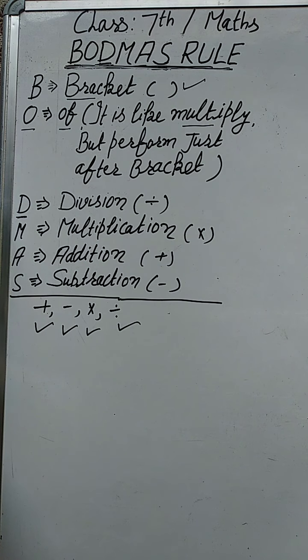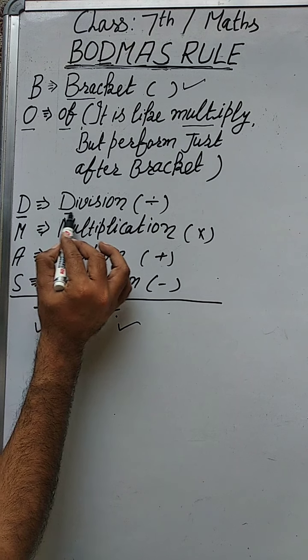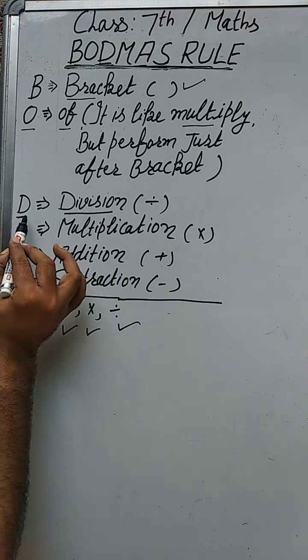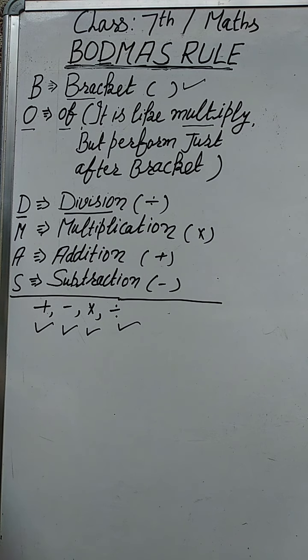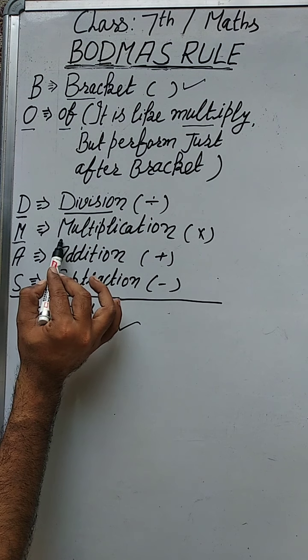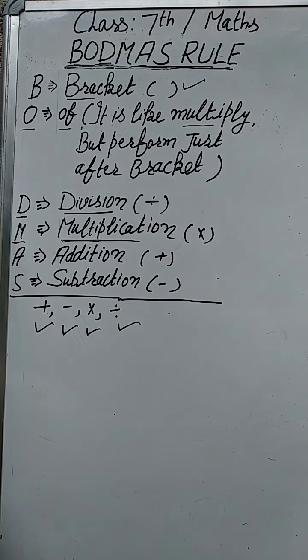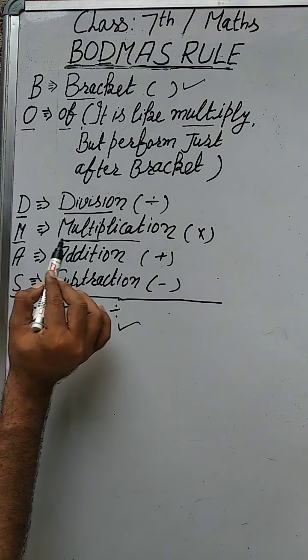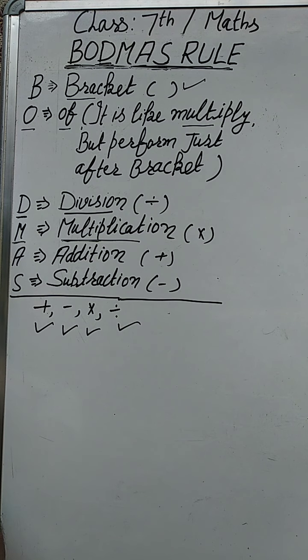After of, you have to perform division. D stands for division. And the next letter is M. M stands for multiplication. After the division, you have to perform multiplication.